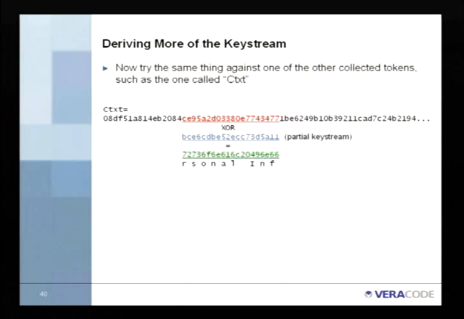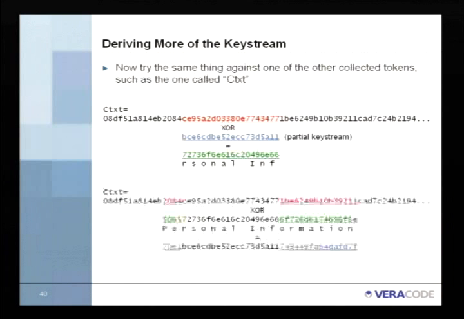You can kind of guess what might possibly come before that and what might come after it. It also helps that when we captured this particular token, we were actually on the personal information page. So even if you aren't very good at Wheel of Fortune or whatever, you still kind of know what it is.